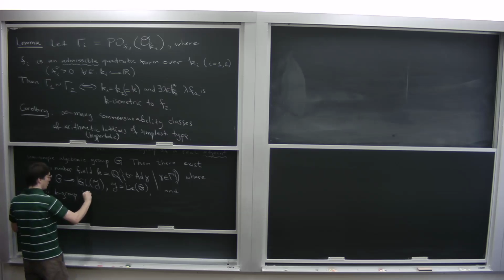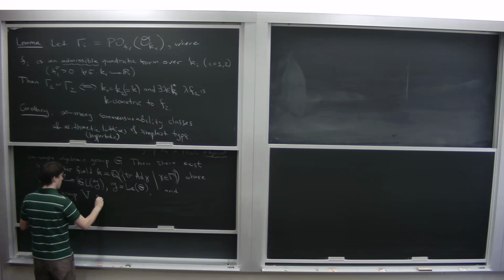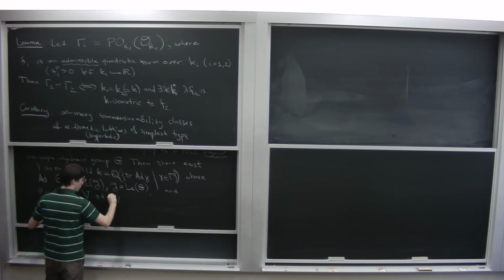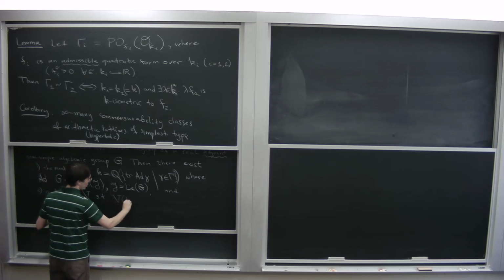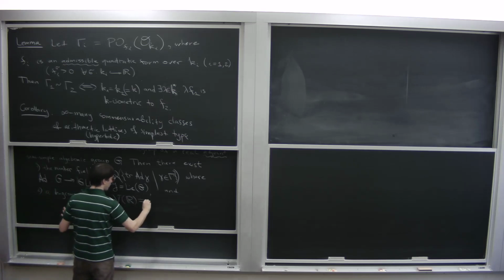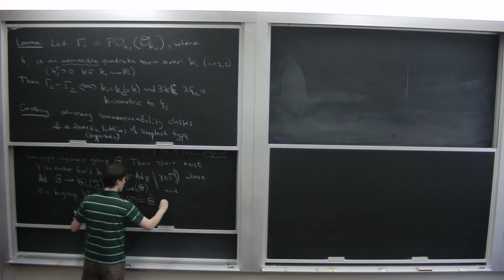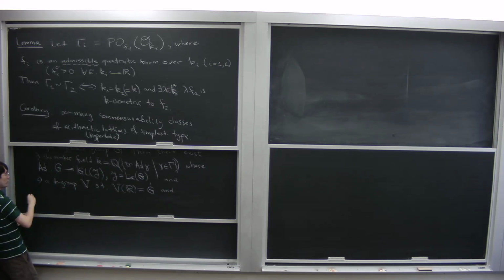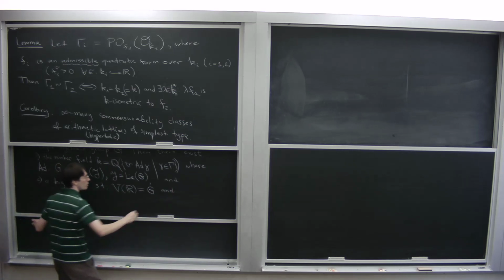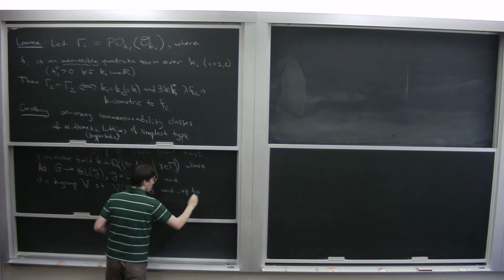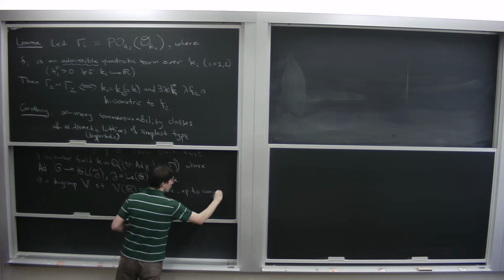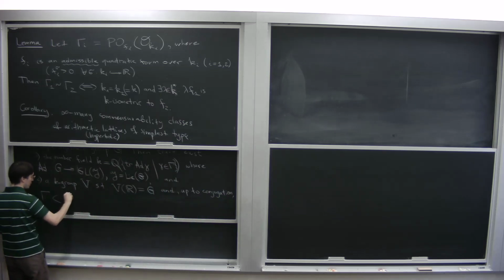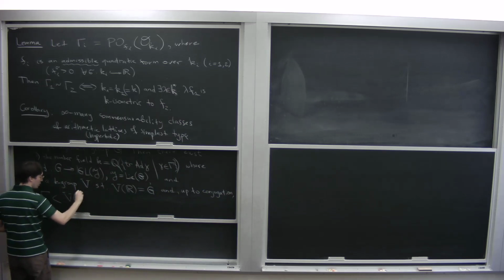So, and the K group V such that V of R is my G, and up to conjugation, gamma sits in V of K.